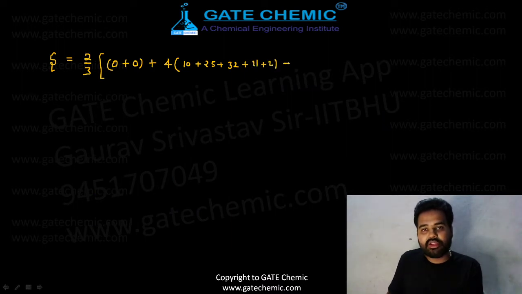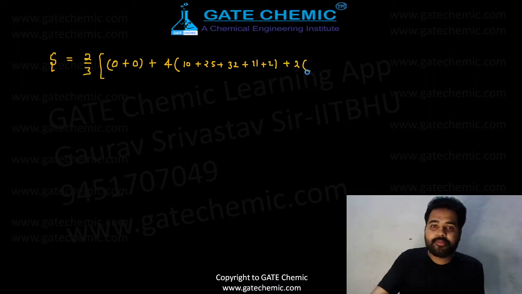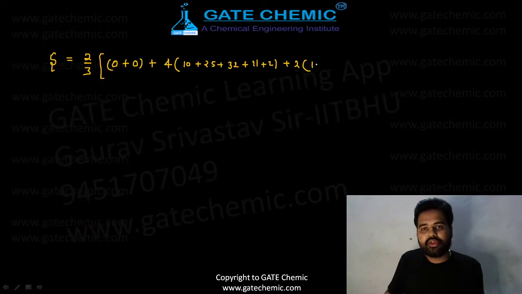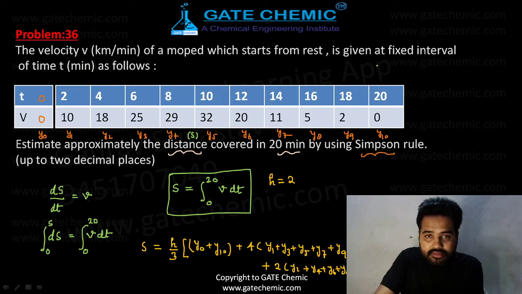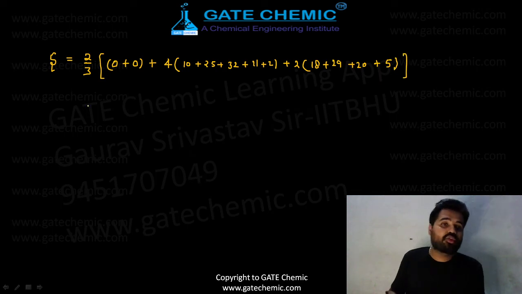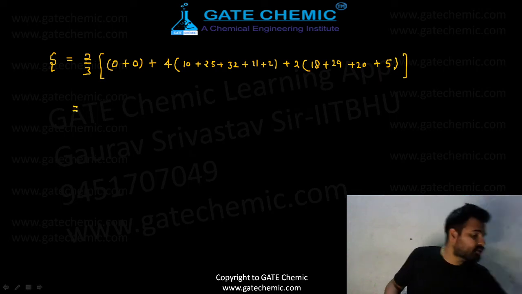Please check it. And now y2, y4, y6, y8: 18, 29, 20 and 5, multiplied by 2. Now please calculate this.